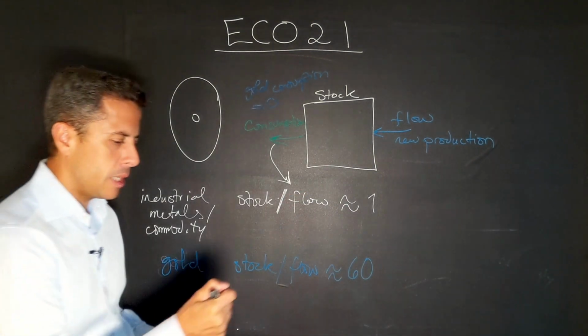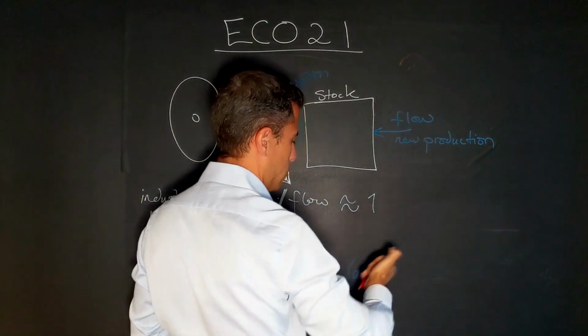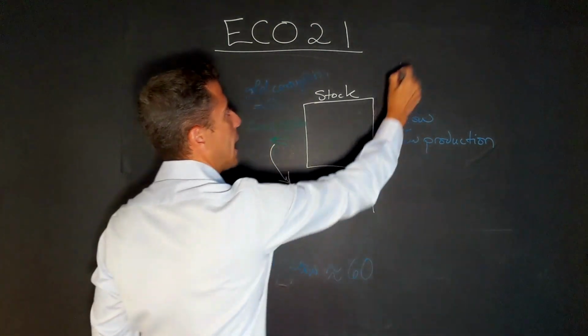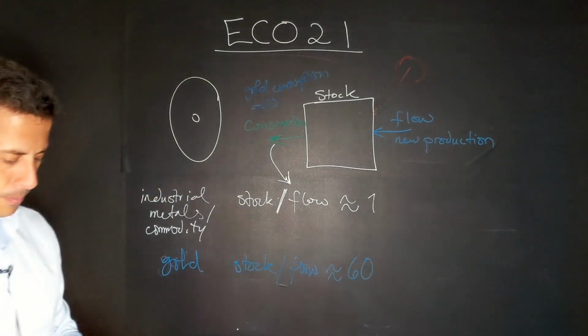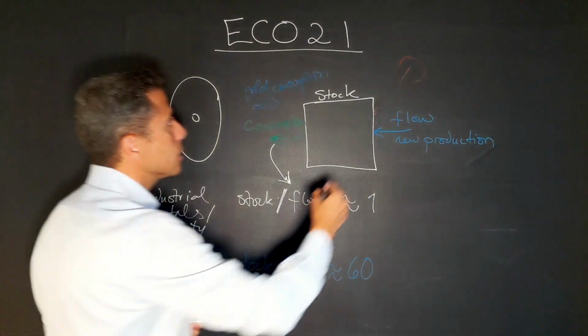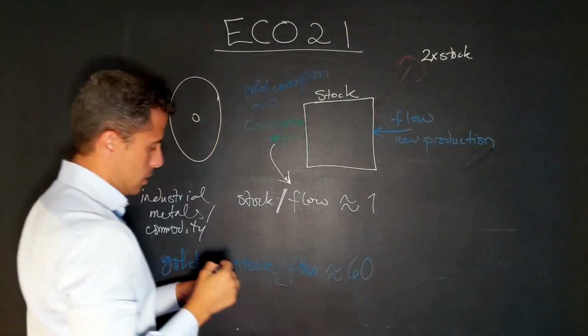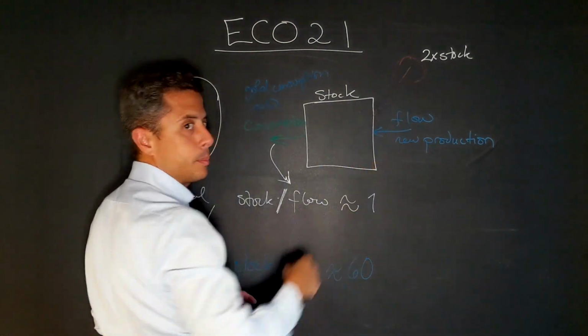So if we get hit by a giant asteroid, and this asteroid hits the Earth, and it has more gold than all of the planet Earth combined. So imagine that the stock here is equal to 2 times the stock of the Earth. And so now the stockpile of gold on Earth has tripled, effectively.